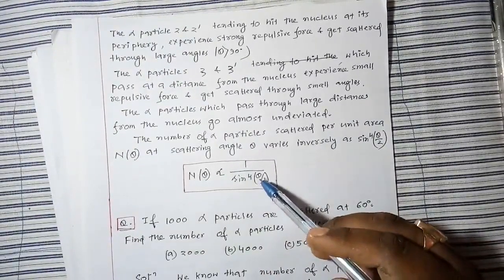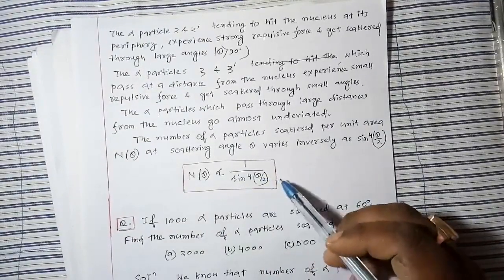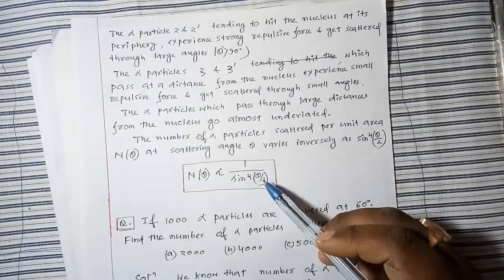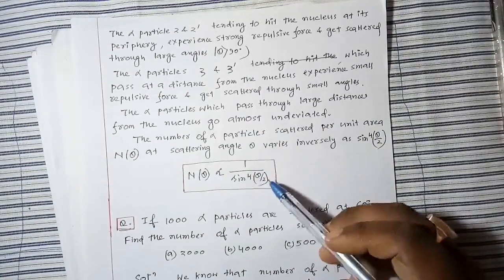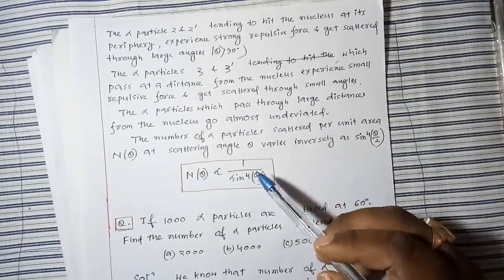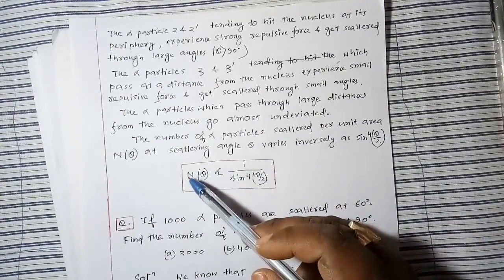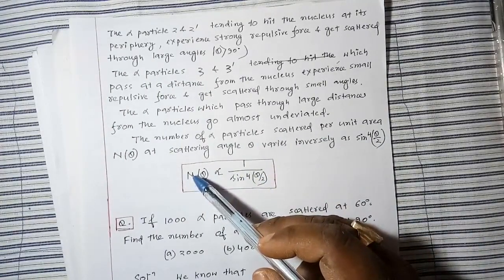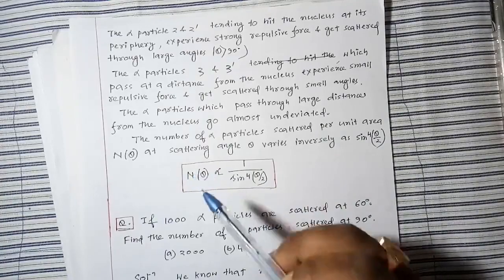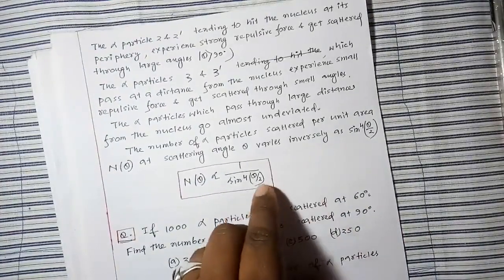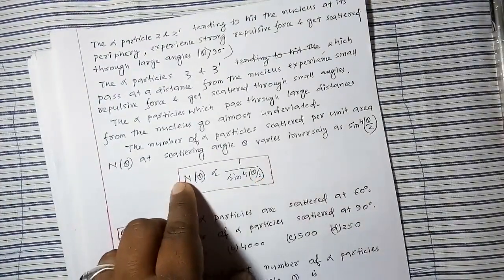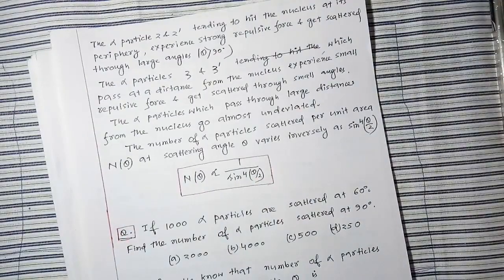Now if the scattering angle goes on increasing, sine to the power 4 theta by 2 also goes on increasing. This denominator goes on increasing, so the number of alpha particles scattered has to go on decreasing. Am I right? That means the more the scattering angle, the less the number of alpha particles.